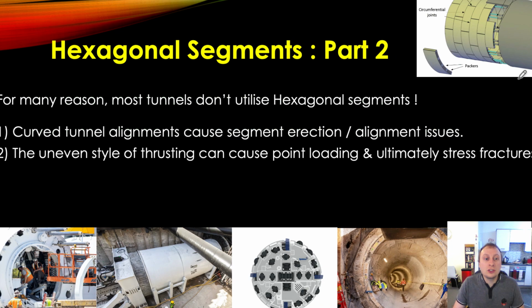The uneven style of thrusting can cause point loading and ultimately stress fractures, and that is a biggie. I've become well aware that this particular issue is quite important to many engineers who use this system: you have problems with point loading. You get this phenomenon known as bird's mouthing, where you get a crack coming from the external corner as two segments are placed together, and then you thrust off them.